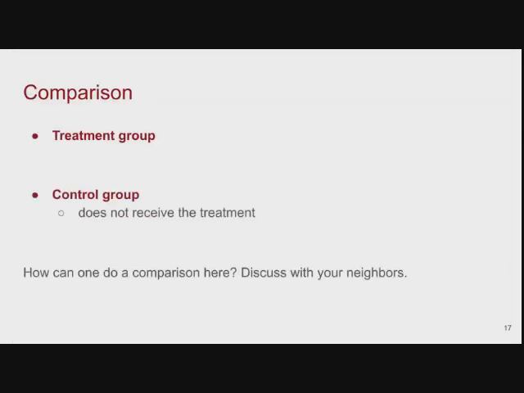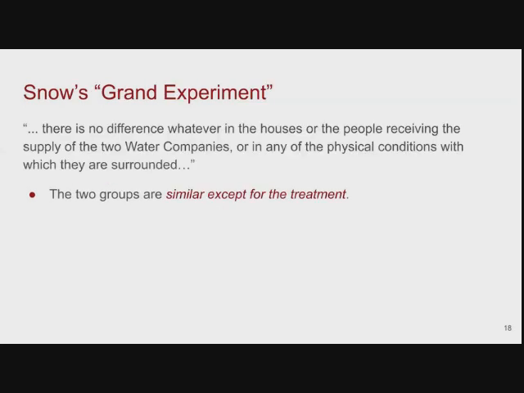In that way, we're able to eliminate the effects of other characteristics, like food supply or just the environment in general. They will be similar, but the only difference between those 2 groups at this point will be the water supply.